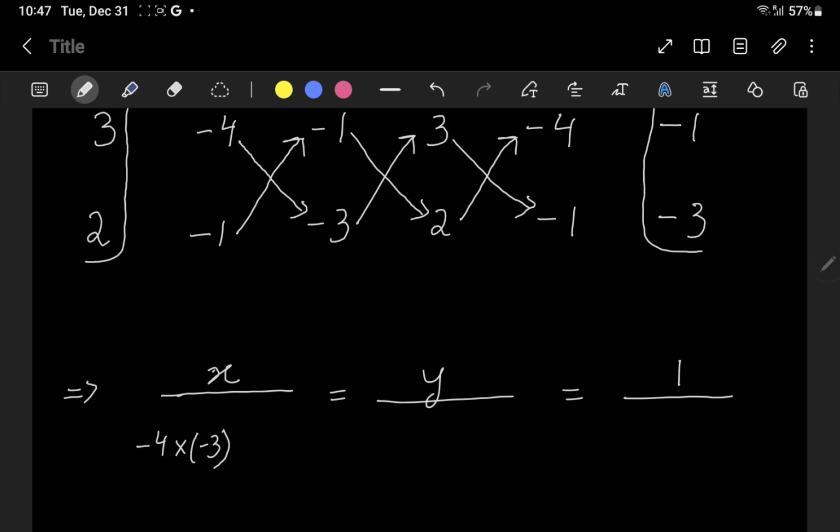Always we use a minus sign here because we are multiplying these two numbers. Then minus 1 multiplied by minus 1.